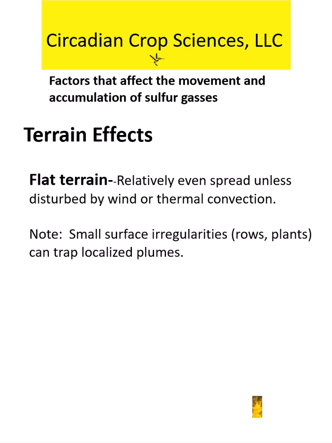In flat terrain, you get a relatively even spread of sulfur dispersing from the field and within the field, unless it's disturbed by wind or thermal convection. Note that small irregularities, rows, and plants can trap localized plumes of sulfur vapor.